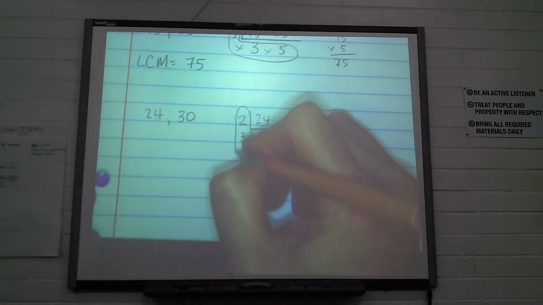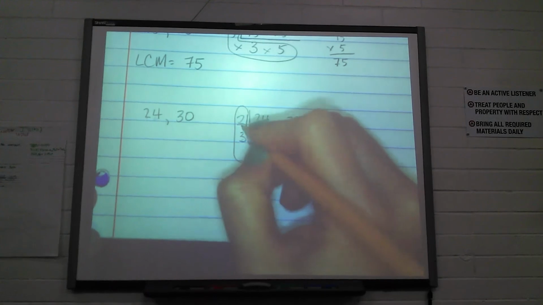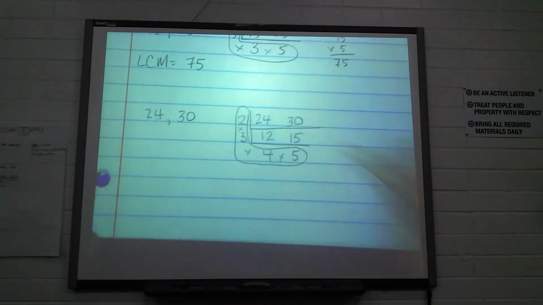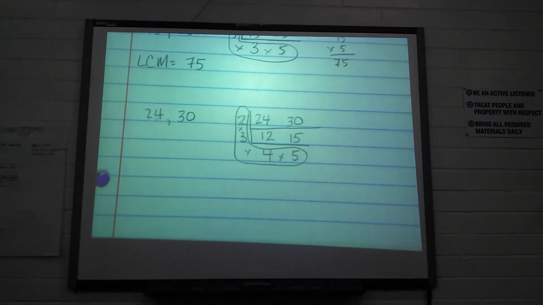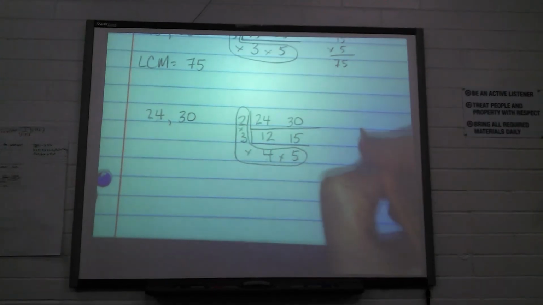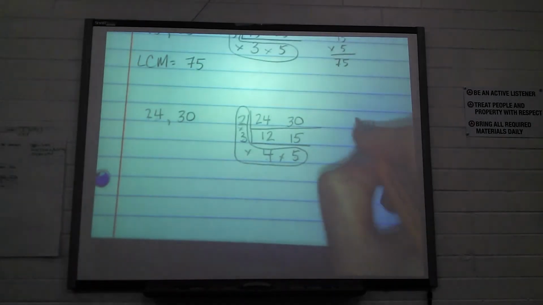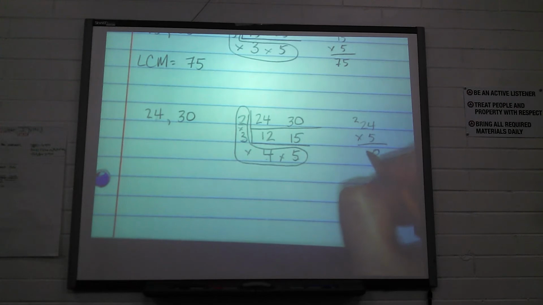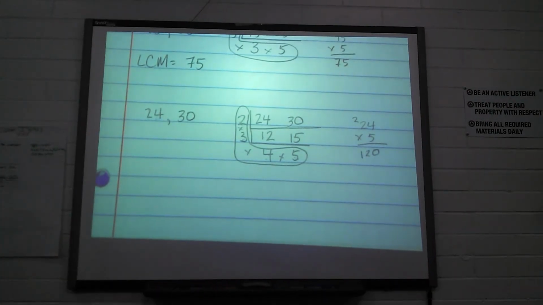So I'm going to draw my L and put in my multiplication signs, and let's multiply. 2 times 3 is 6. 6 times 4 is 24. This is where it gets a little difficult. 24 times 5. Well, if I don't know that offhand, I'm just going to go off to the side and show my work. 10, 12, 120.